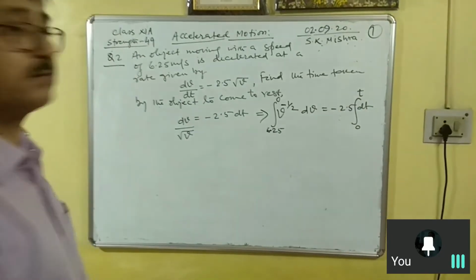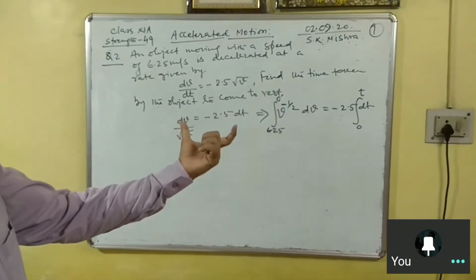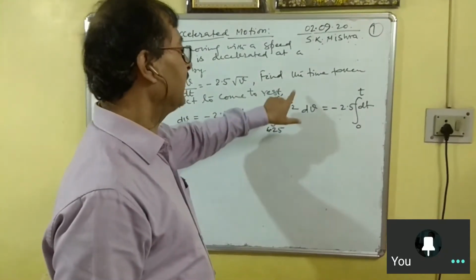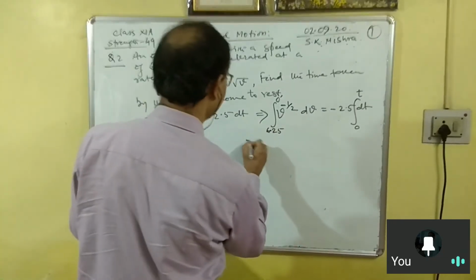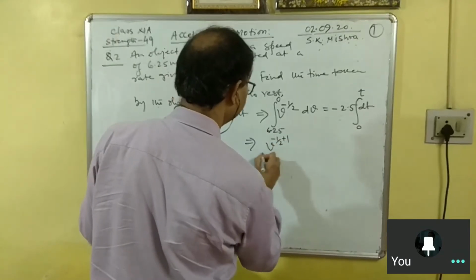Then the object will be in the position of rest. Now this is the scenario. Just integrate it. And you know how to integrate x raised to n dx. This implies x raised to n plus 1 by n plus 1.